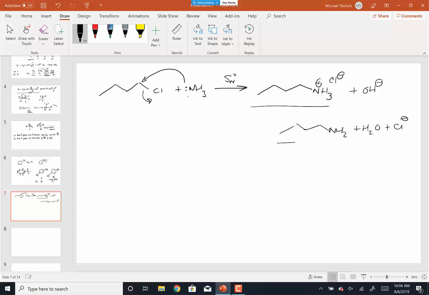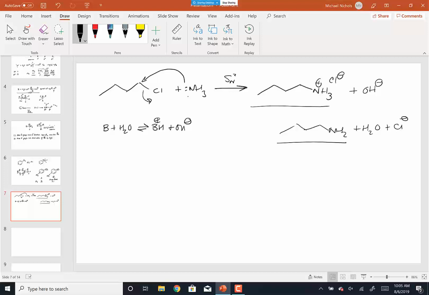So if you want to get the amine out of the water, you've got to make the solution strongly basic. You might say, but that NH2 is going to react with water and make an ammonium salt. True. So then we invoke the base plus water is in equilibrium with the BH plus hydroxide equilibrium, and we say, how do I push the BH plus back to being a neutral B?